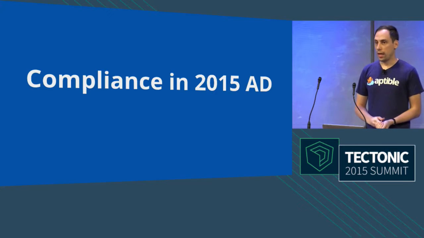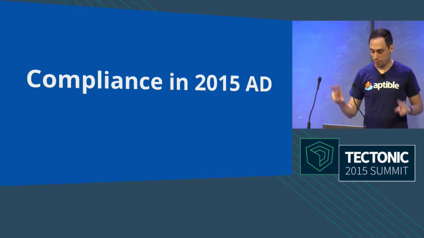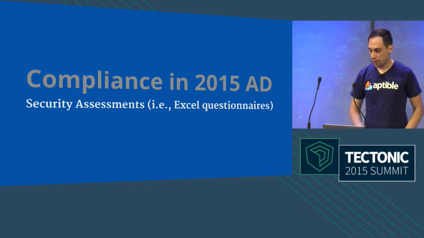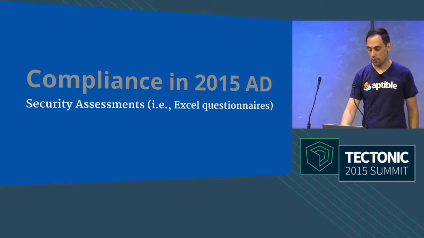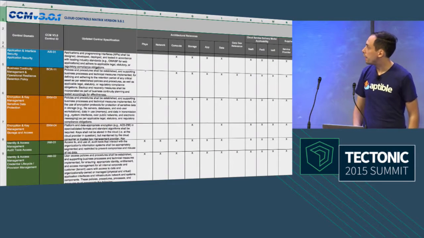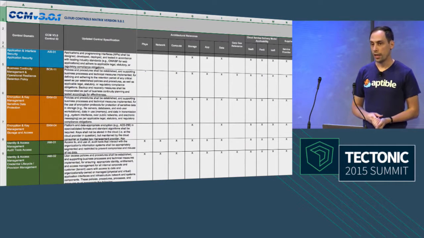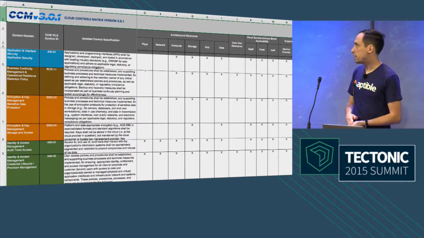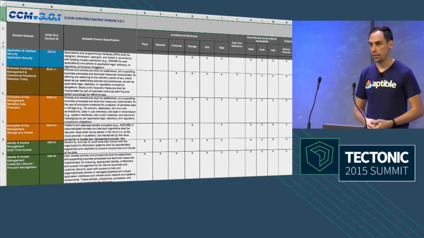So what does compliance look like in this year, the modern era? For the most part, compliance is still administered through security assessments, which generally take the form of Excel questionnaires. And they look something like this. This is actually the state of the art in security assessments today. This is the Cloud Controls Matrix, which is put out by the Cloud Security Alliance.